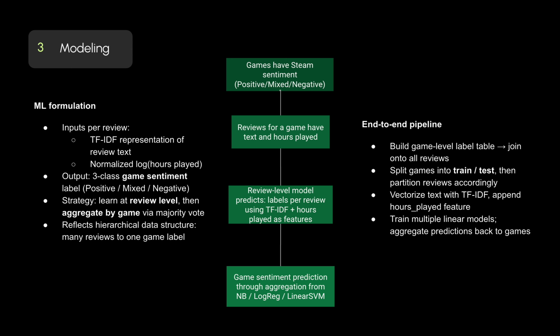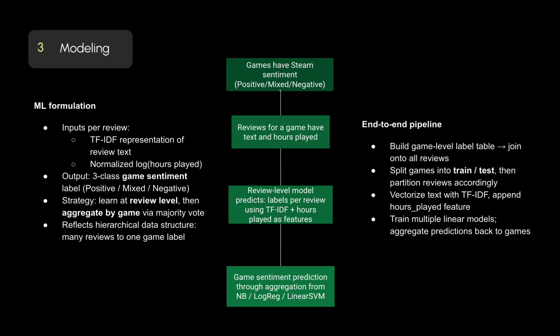So as far as the output, we'll have a label in positive, mixed, negative at game level, and since labels exist at the game level, our pipeline will be assigning each review the sentiment of its parent game, training classifiers at the review level, and then aggregating predictions back to the game level using majority vote. And this is consistent with the structure of the data, a bit of supervised text classification, and a sparse high-dimensional feature representation of the data.